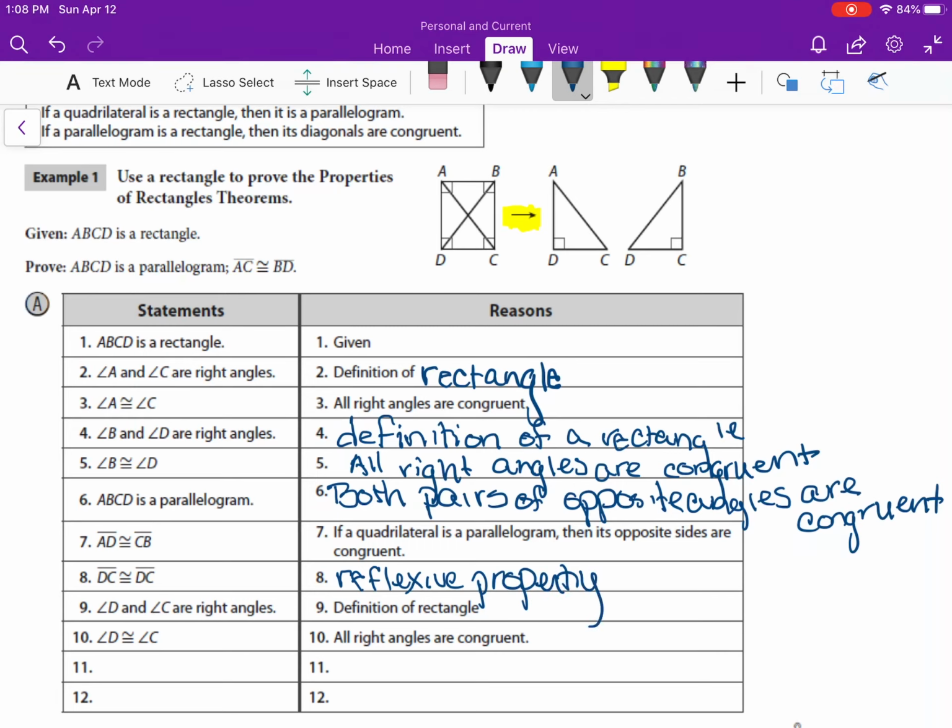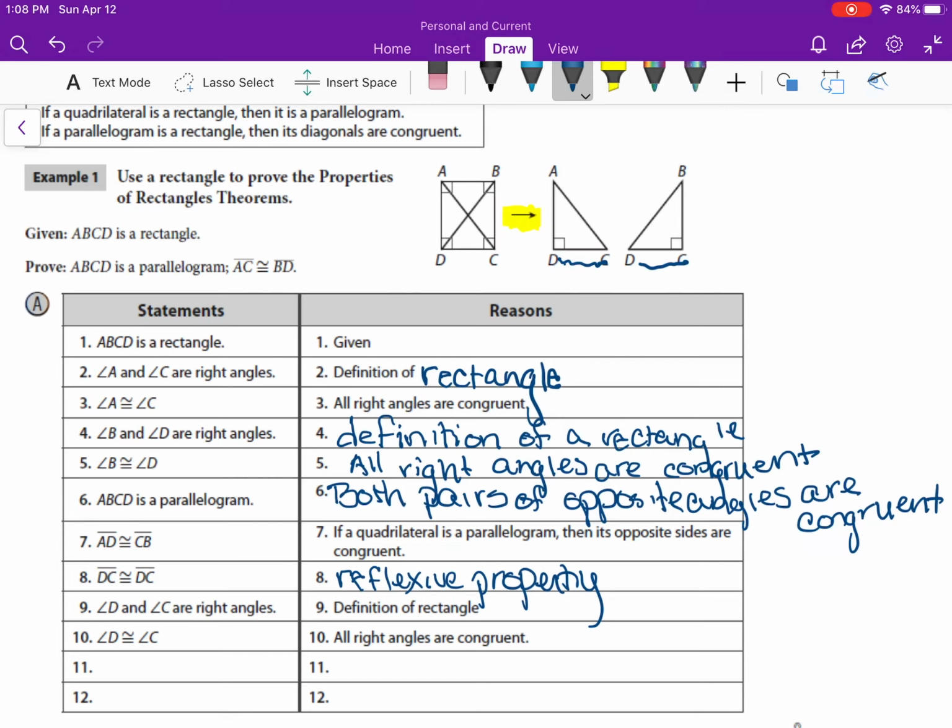And that's because we've used it twice up here in our diagram. We know angle D and angle C are right angles by the definition of our rectangle, and that D and C are equal because all right angles are equal.